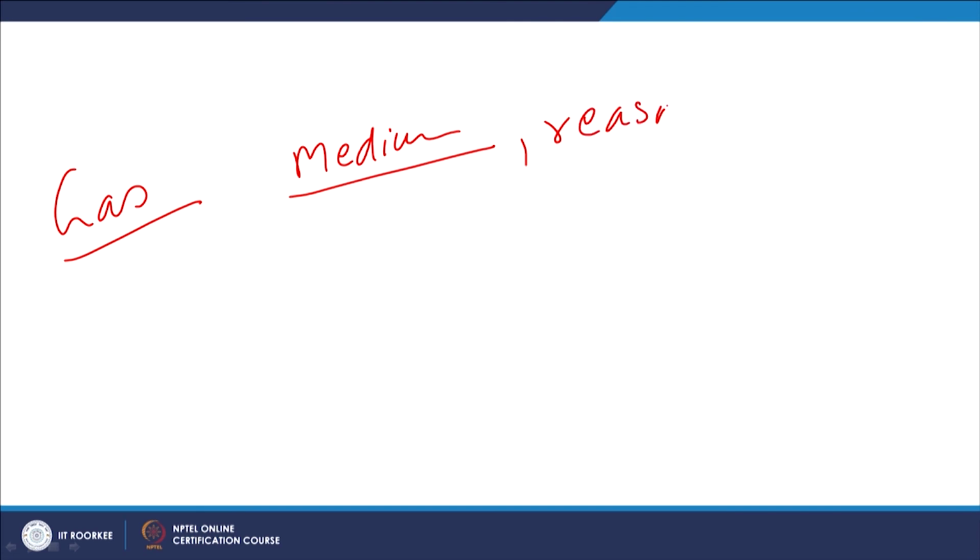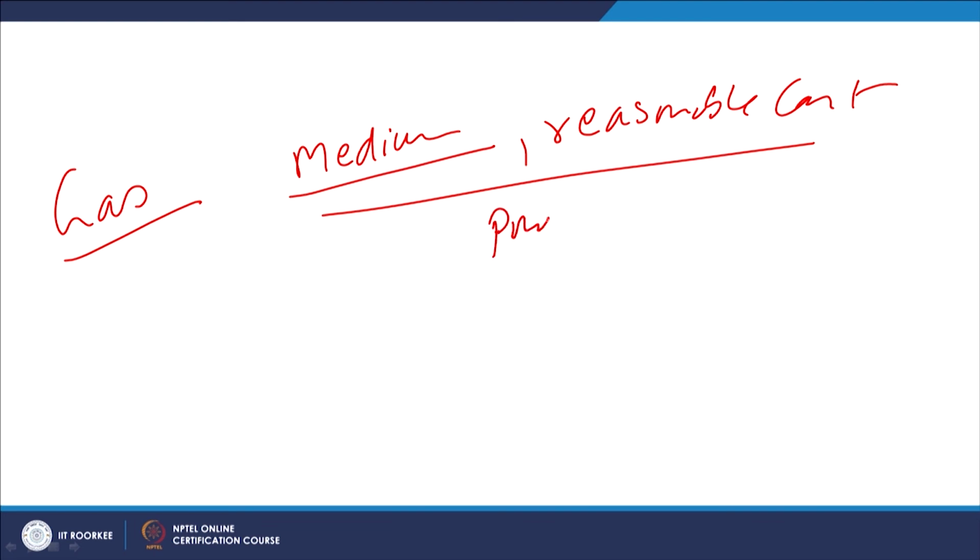On the other hand, for the gas variant of the nitriding process, the process cycle is medium, the cost is reasonable, and the power consumption is also moderate.